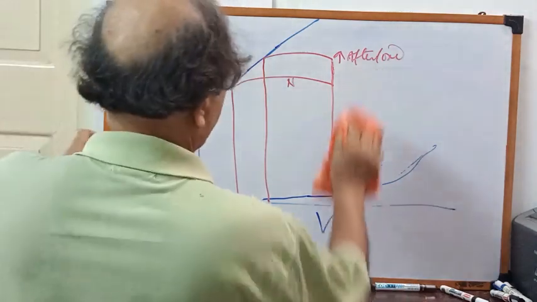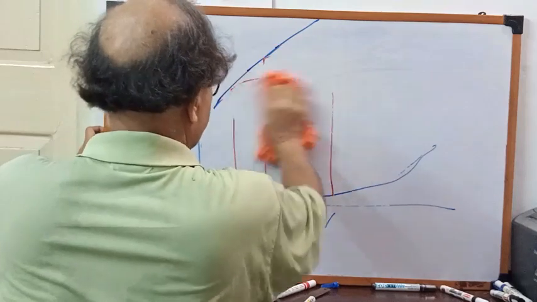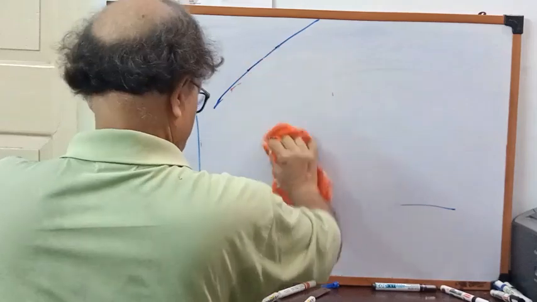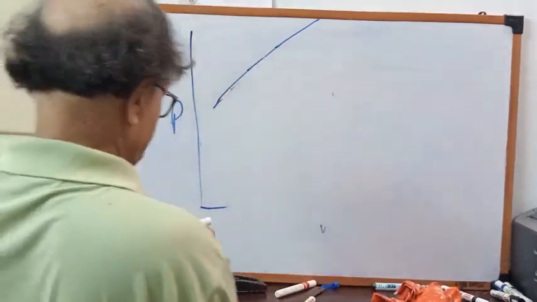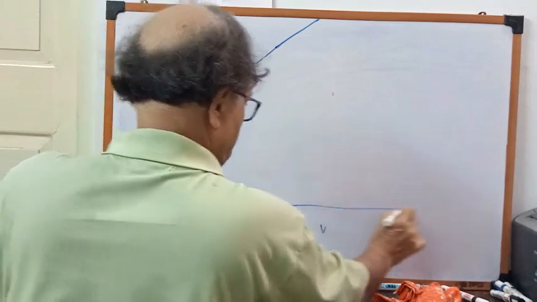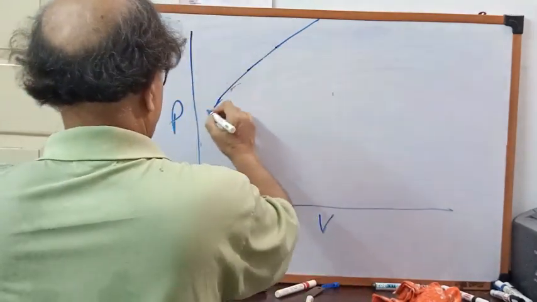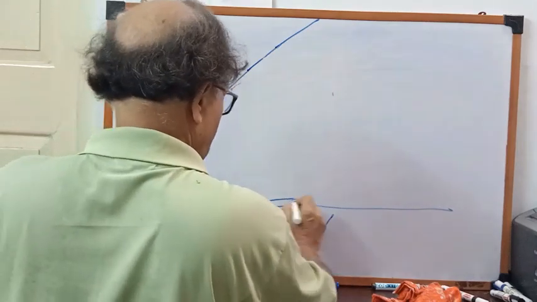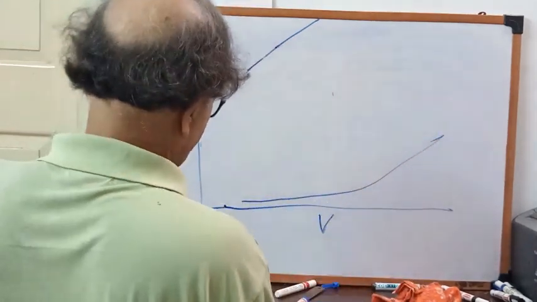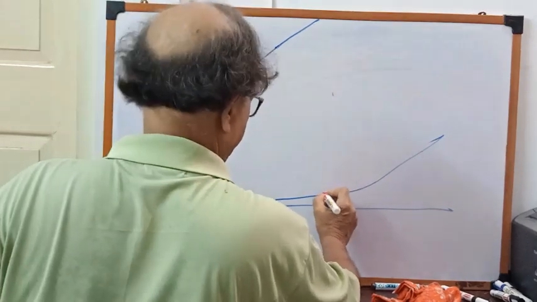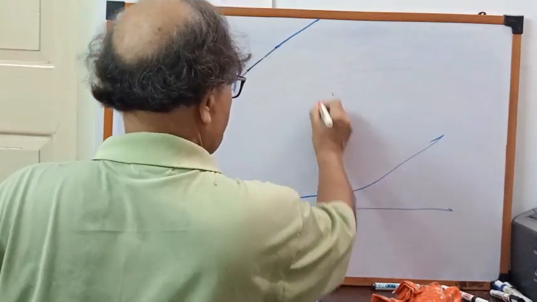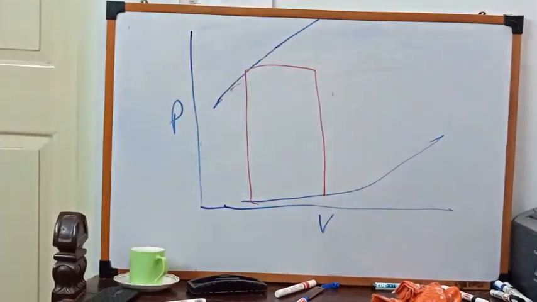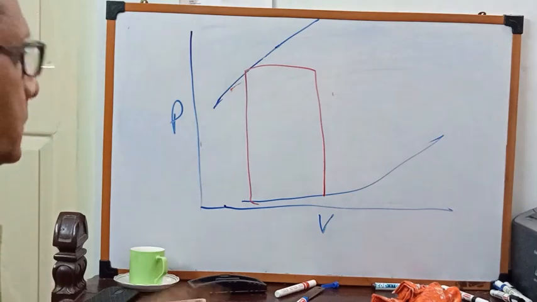What happens in inotropism? Let us try to understand that. So this is a filling line, and this is a normal curve.